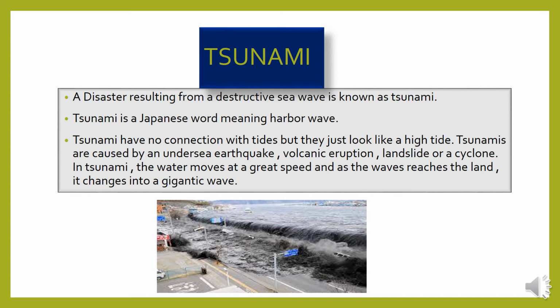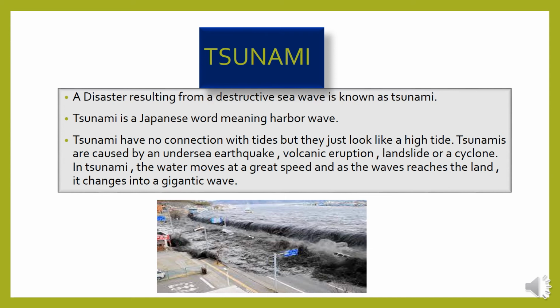If you have understood part 1 of this video, you must have learned that due to earthquakes, tsunamis occur. Due to volcanic eruptions, tsunamis occur. In a tsunami, the water moves at a greater speed, and as the wave reaches the land, it changes into a gigantic wave.